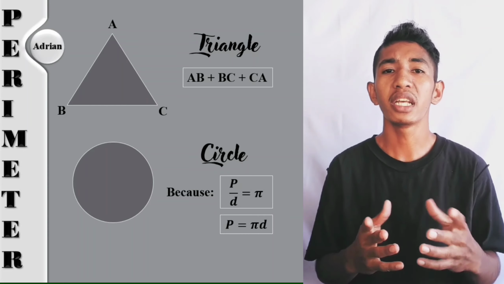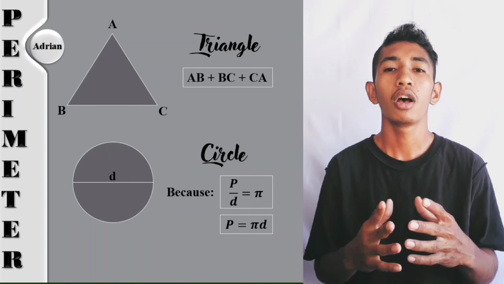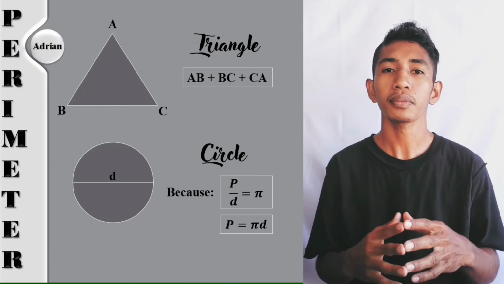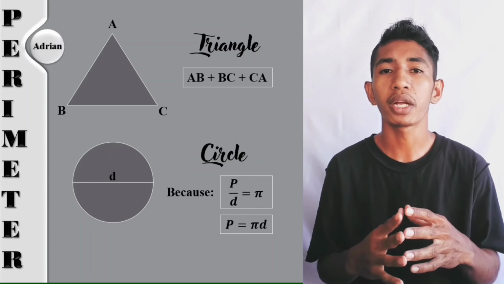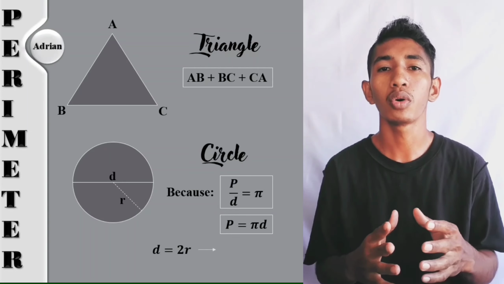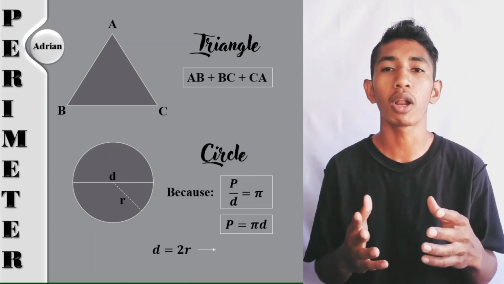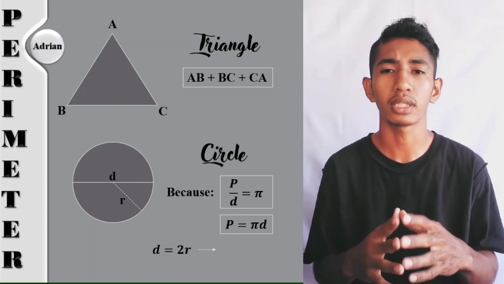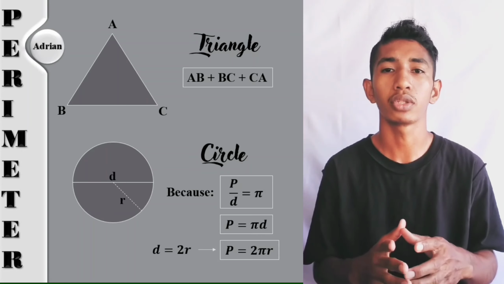For your information, a diameter is any straight line segment that passes through the center of the circle and whose endpoints lie on the circle. Because all diameters of a circle have the same length, this being twice the radius r, diameter equals 2 times radius. Now we get another formula for the perimeter or circumference of a circle: perimeter equals 2 times pi times radius.